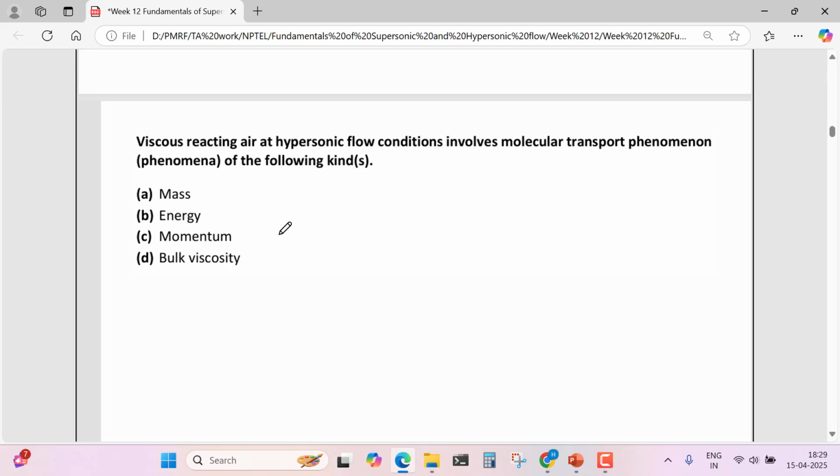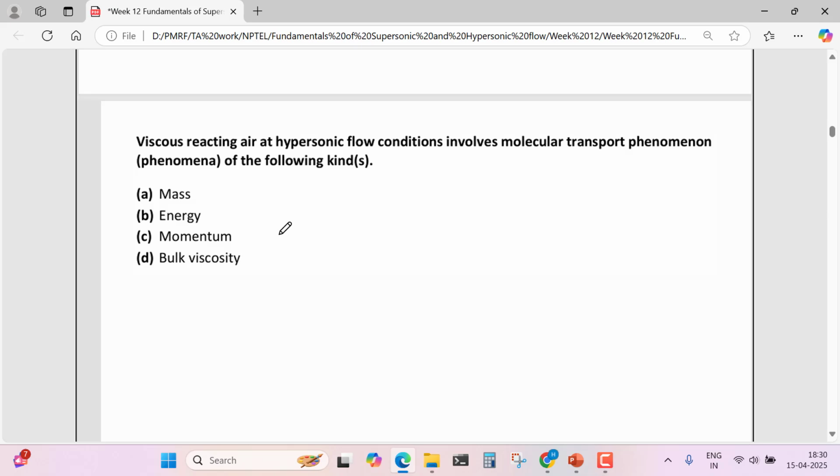Now we'll see the next problem. Viscous reacting air at hypersonic flow conditions involves molecular transport phenomena of the following kind. Option A, mass. Option B, energy. Option C, momentum. Option D, bulk viscosity.